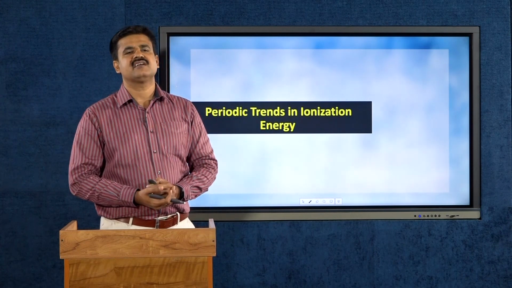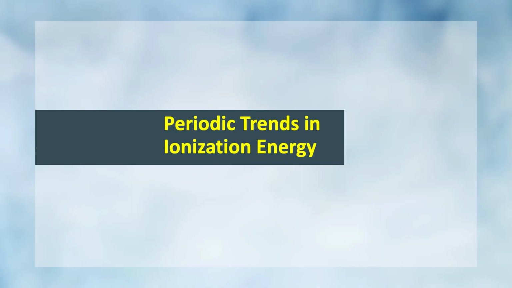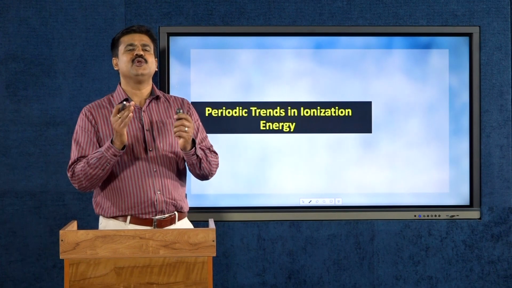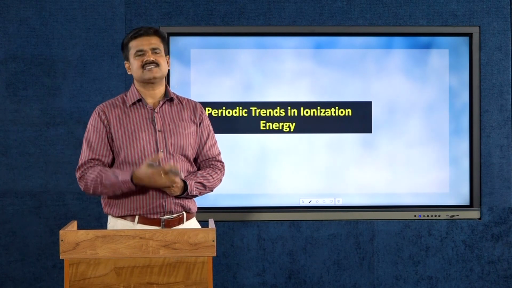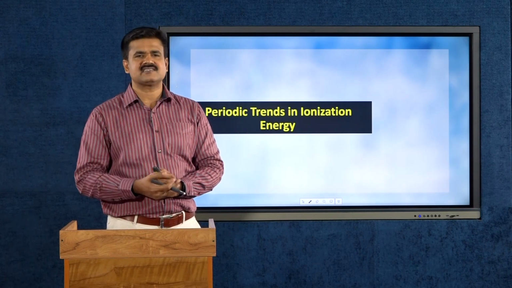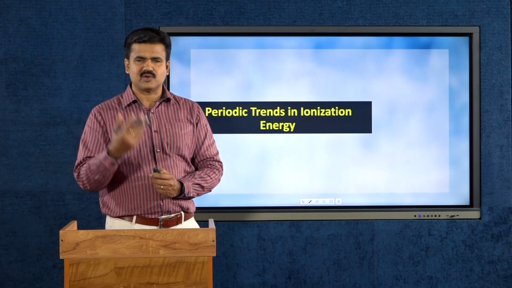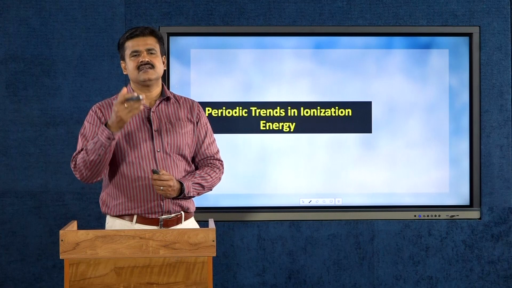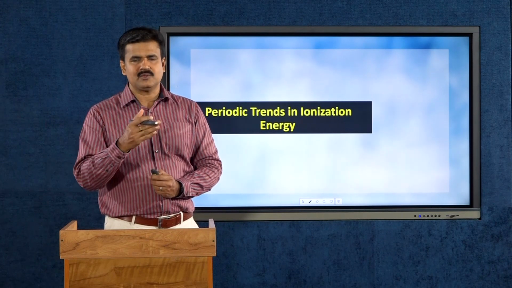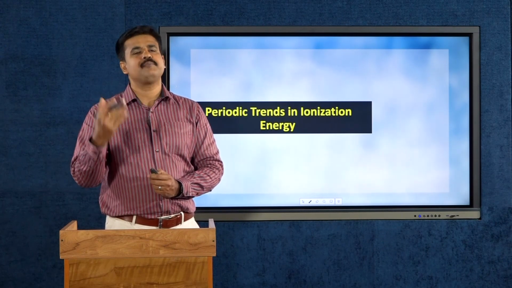Now, we are discussing periodic trends in ionization energy. You know about the term periodic trends. Periodic trends means certain properties like ionization enthalpy, electron affinity, electronegativity, etc. vary as we proceed through a group or through a period.